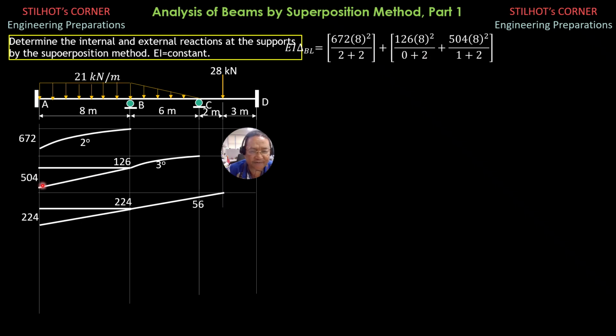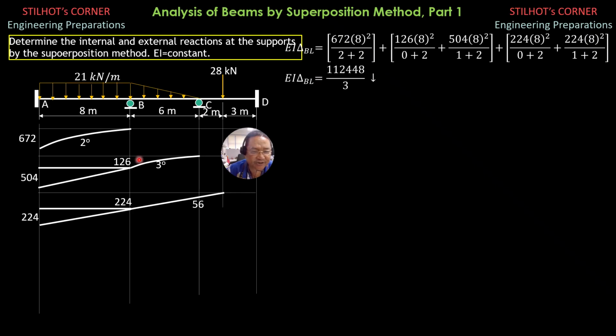Then this 504 kilonewton load, 504 times 8 squared over 1 degree plus 2. Then this has no contribution. And for this part, we have couple 224 times 8 squared over 0 plus 2. Then for this, another 224 times 8 squared over first degree plus 2. So combining, EI delta B due to the loads is 112448 over 3 downward, kilonewton meter cubed downward.